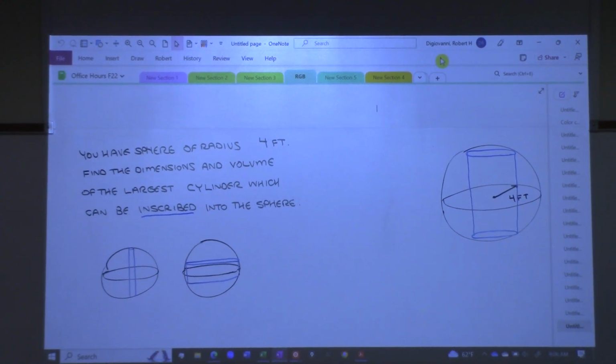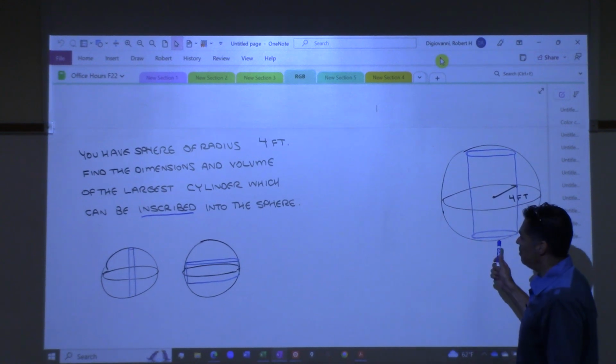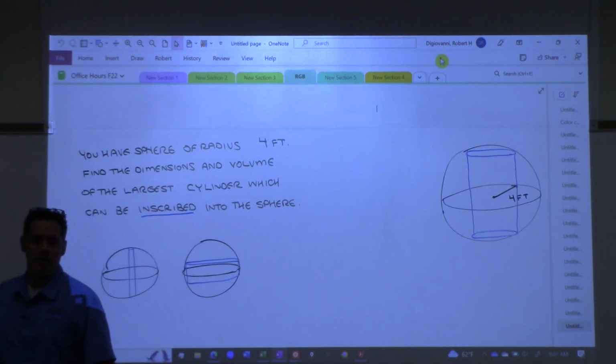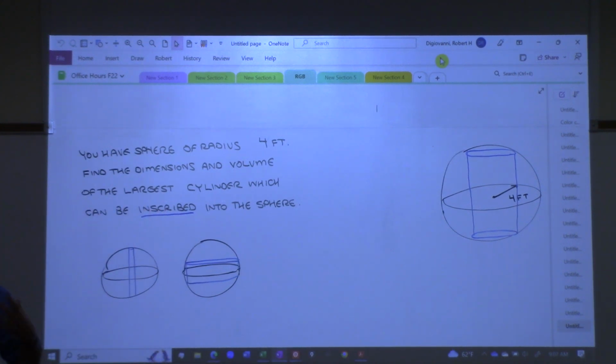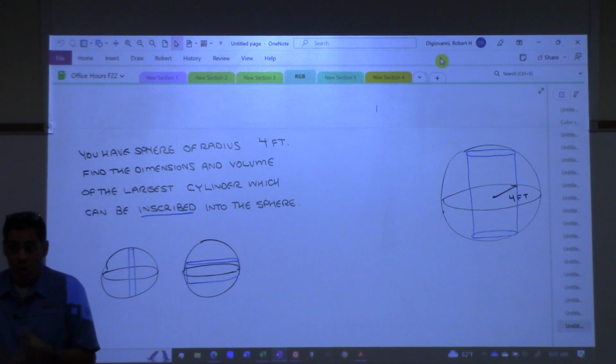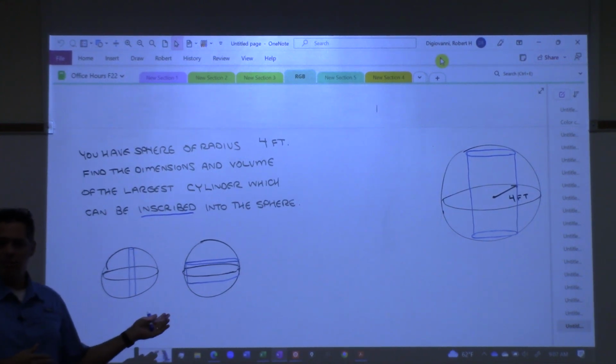And pretty much everything in between. Can you all imagine those different scenarios? Yes? And so what we're trying to do is figure out the dimensions and the actual volume of the largest possible cylinder that we can get in there. When I say largest, we want it to have the most volume possible. So how can I fill the space of the sphere with the largest cylinder? Believe it or not, this is used a lot in optimization of packing things, when they pack containers that they're going to ship overseas, right?